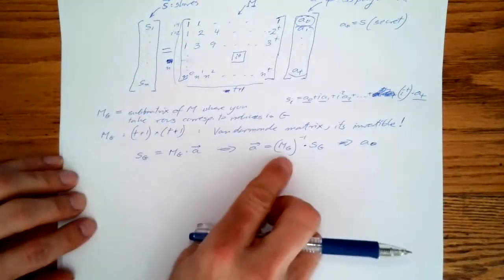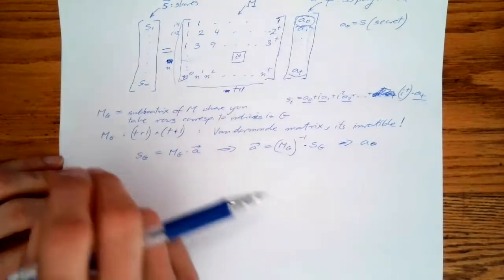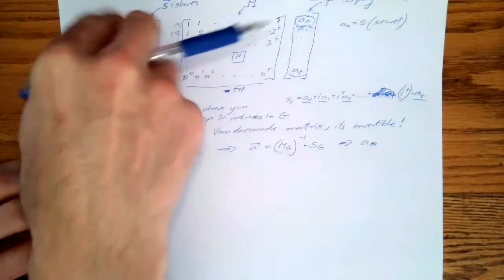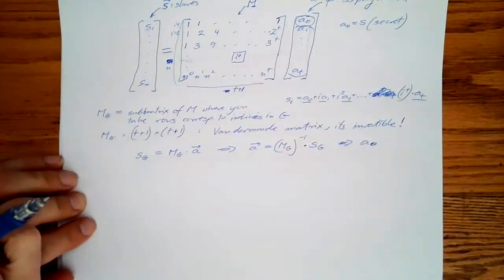As you do this matrix inversion, what you really care about is not all the elements here, but just the row that will allow you to compute A0 as some row applied to S.